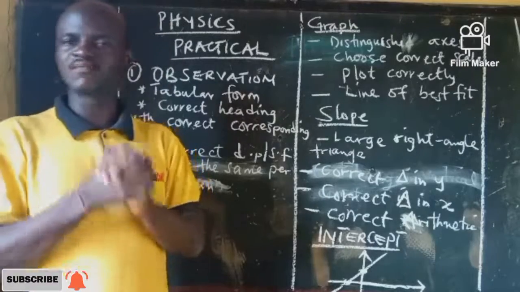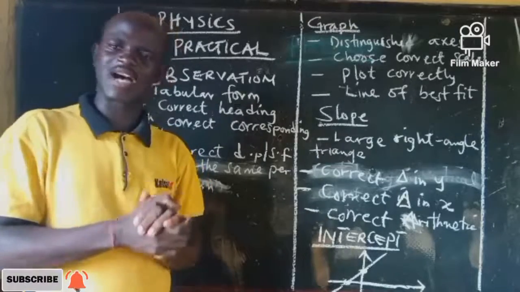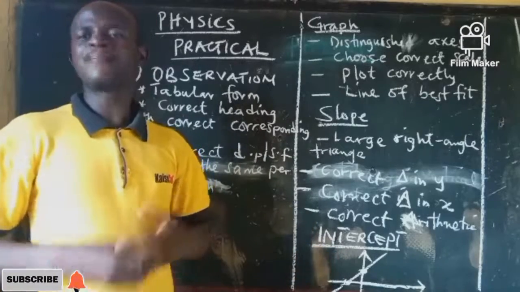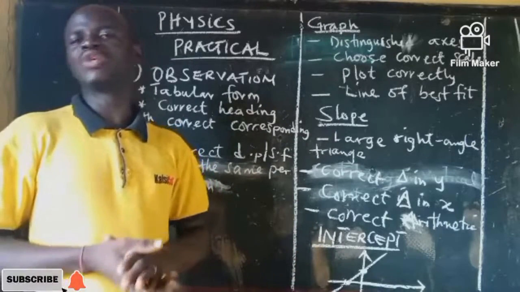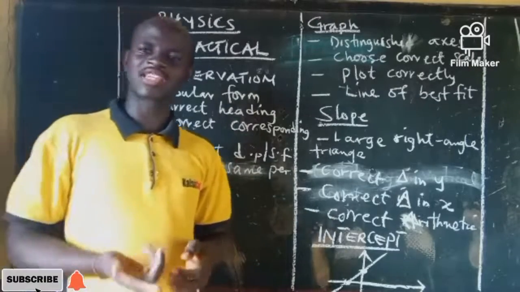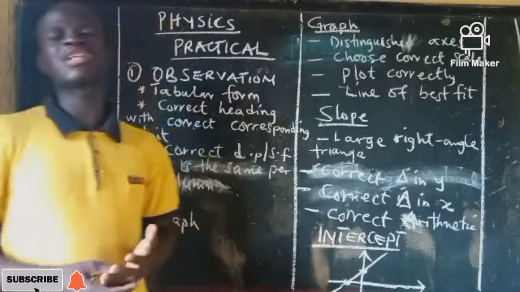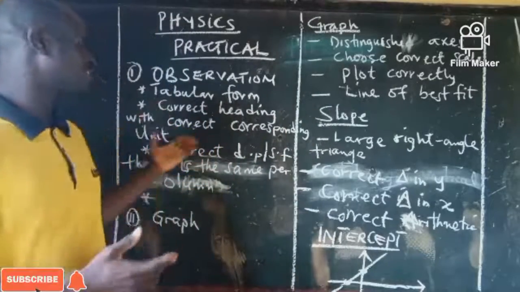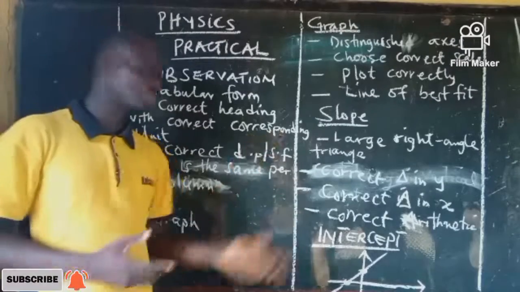The length is measured in centimeter. Now, when you are dealing with mass, mass can be measured in gram, and is represented by small letter g. So these are the things that you need to take note of: correct heading and correct unit.